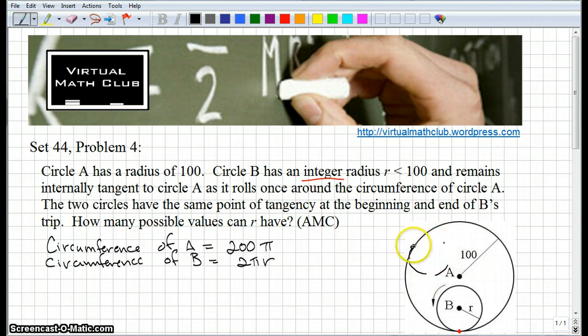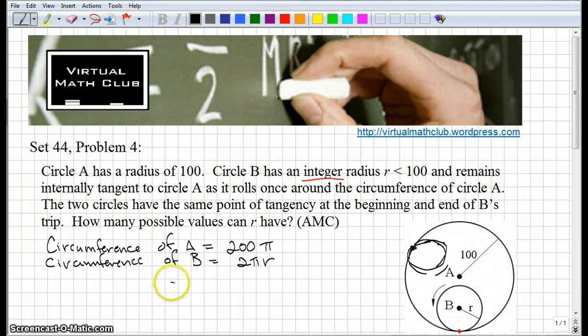Once B goes around once, the portion of the circumference of A that's traced out is just 1 times the circumference of B. Okay, so in order for it to end up where it started, the circumference of A has to be an integer multiple of the circumference of B.